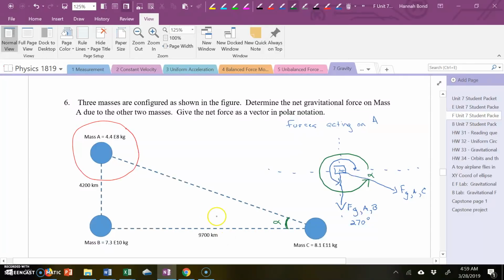Well, I think this angle is equal to the arctan of the opposite side, which is 4,200 kilometers, divided by the adjacent side, which is 9,700 kilometers. Remember, I'm taking the arctan because I want to find the angle. Tangent of alpha equals 4,200 divided by 9,700.